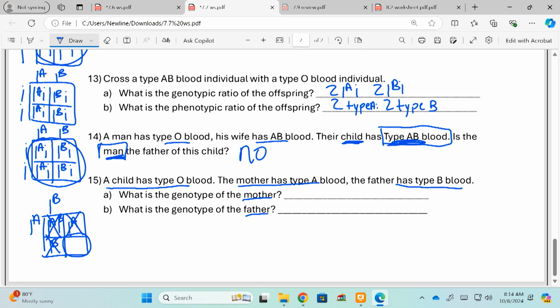We have to figure out what could go here and what can go here to make this individual type O blood. Well, if we gave both of them that recessive allele, then we would generate a child with O blood. So that means that both the mother and father here are heterozygous. Okay? So the mother is like this, and the father is like this. If that was their genotypes, then they could make a child with type O blood.